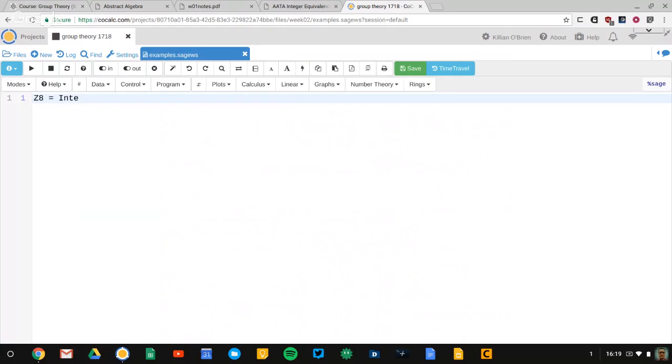IntegerModRing can set up the system of integers modulo a certain number. Because the first example in the notes is about integers mod 8, I'm just going to quickly set up the integers modulo 8. For some reason, the tab completions can take a moment to load in, and then once you decide to proceed without them, they suddenly pop up and mess up your typing.